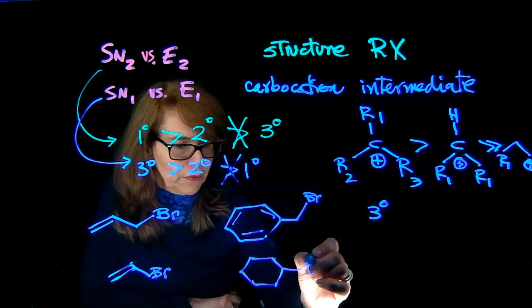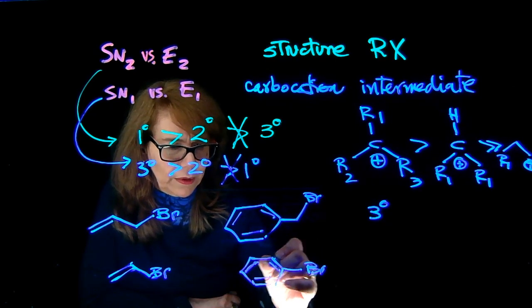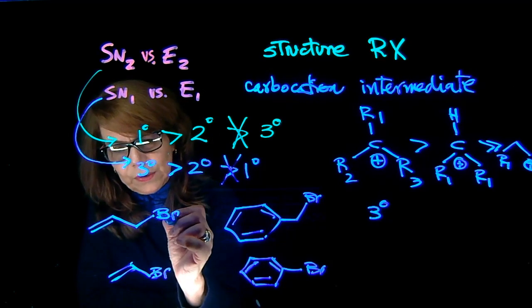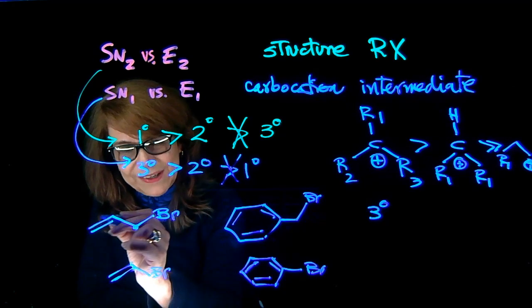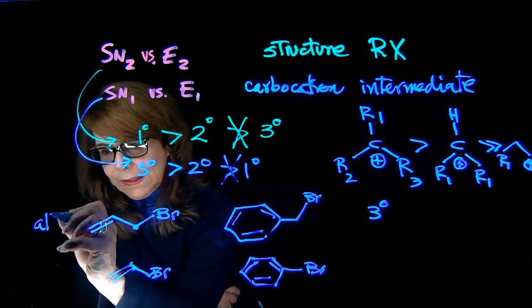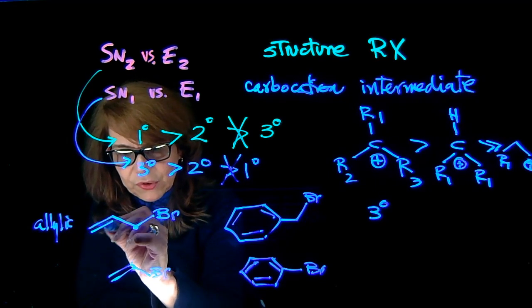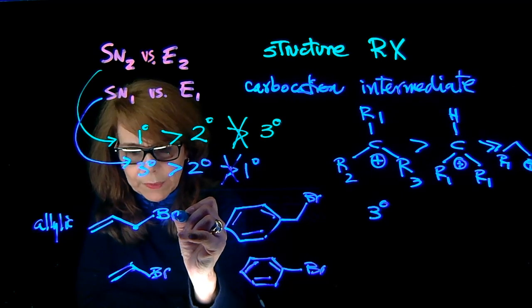And now this substrate, we're going to find a lot when we're doing problems. Here notice that the leaving group is 1 carbon away. So this is allylic. Again, these two positions are vinylic. Next one is allylic, and that's where the bromine is.